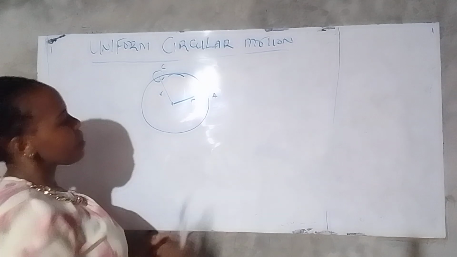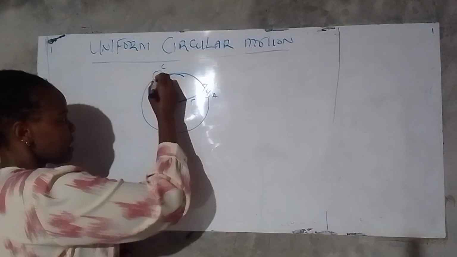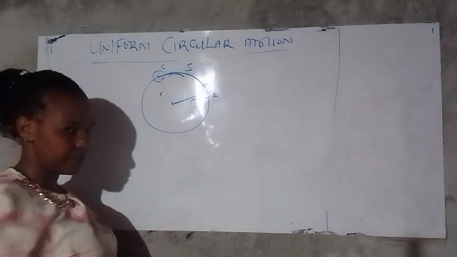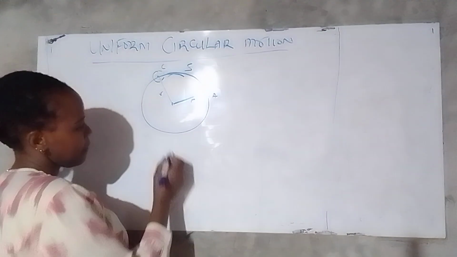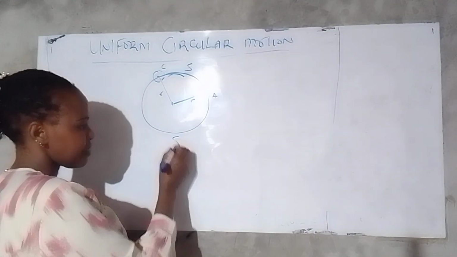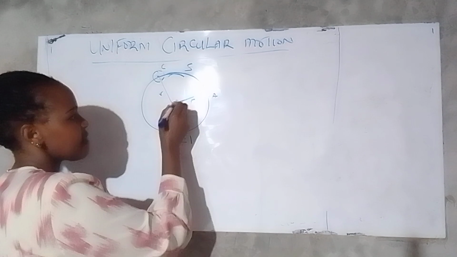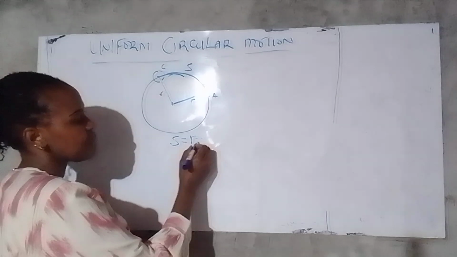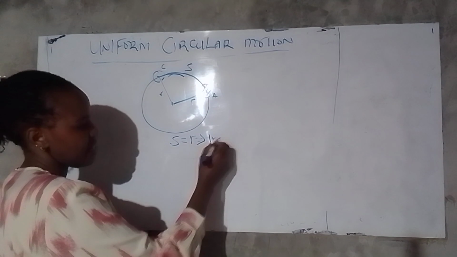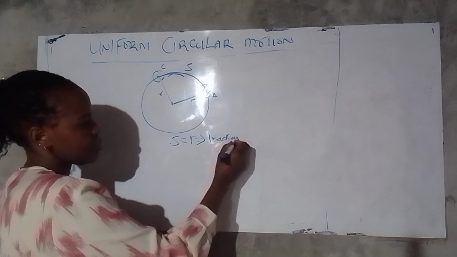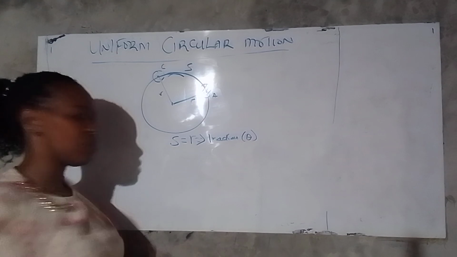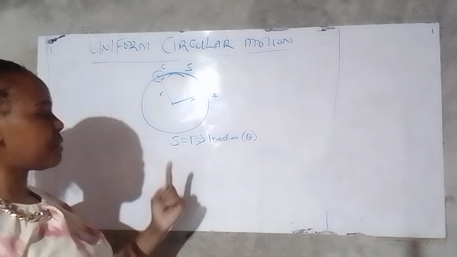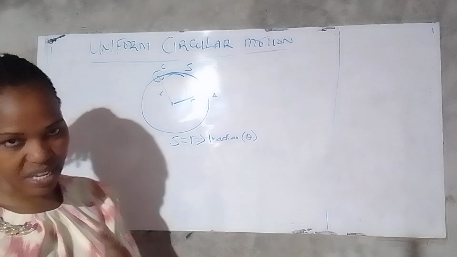So the distance from A to C, that arc length, we called S. And we said when S equals R, then we subtend 1 radian at the center, which we gave the symbol theta. When our arc length is equal to the radius, then we subtend an angle of 1 radian.